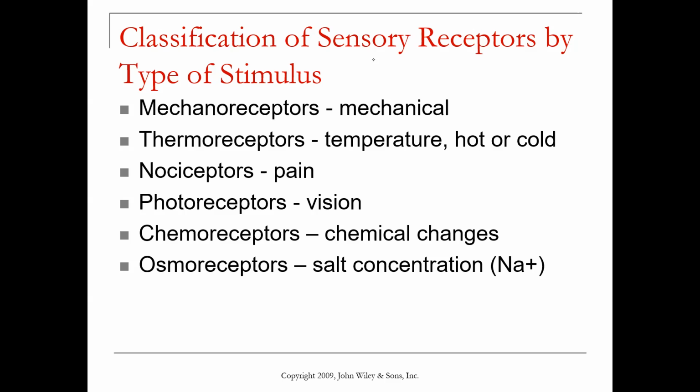And our medulla oblongata in the base of the brainstem says, hey, we're getting too acidic. We better breathe faster and blow off the CO2. That's a chemical change. We got too acidic, or we got too basic, or our blood sugar went up too much and we have to release insulin, or our blood sugar got too low and we had to release glucagon, bring it back up. Those are all chemical changes.